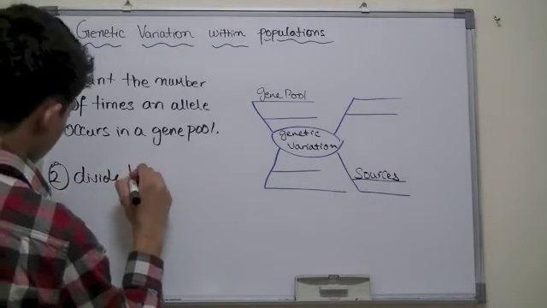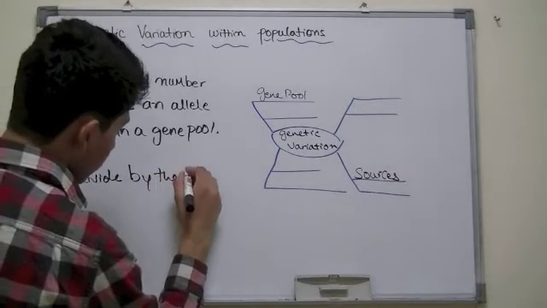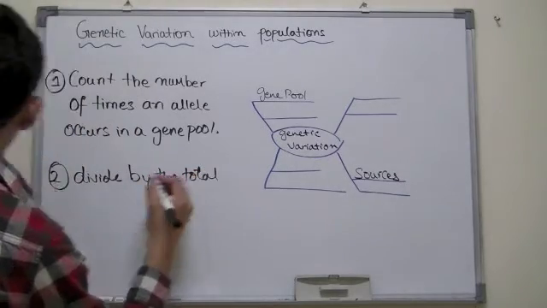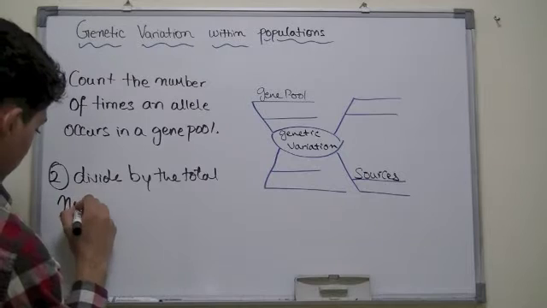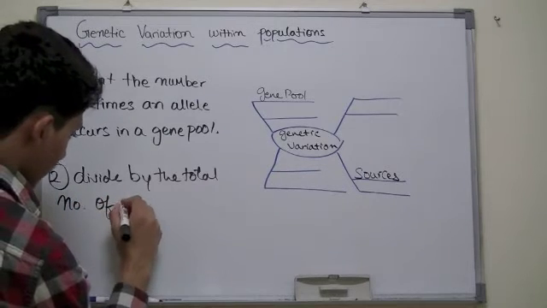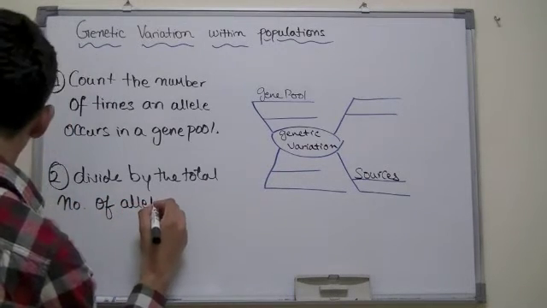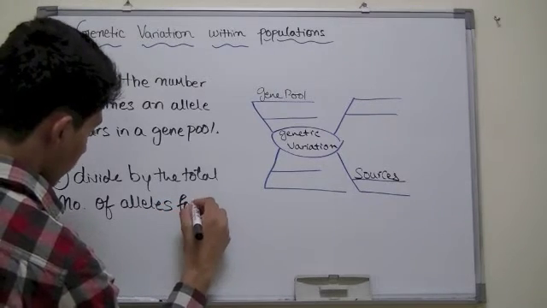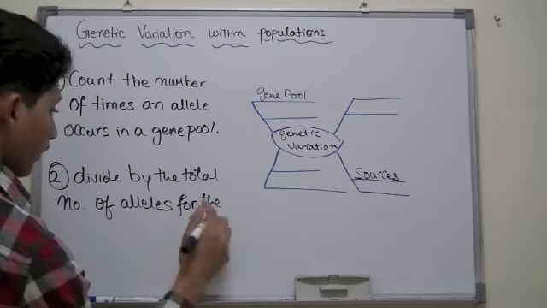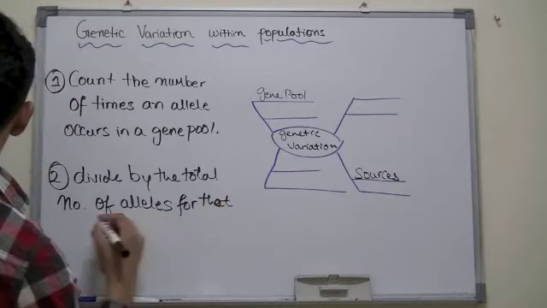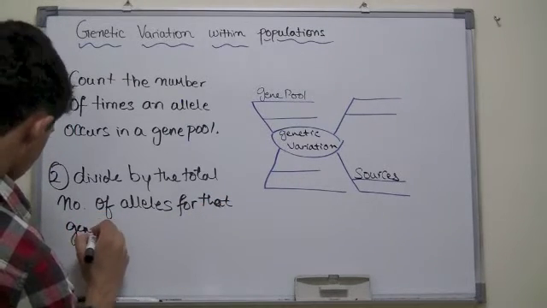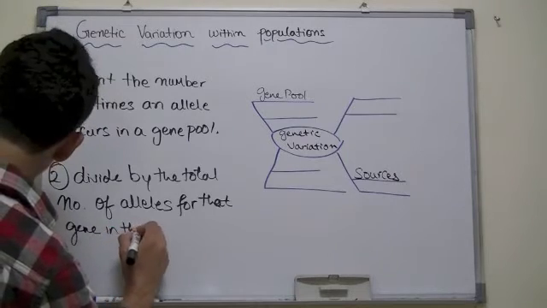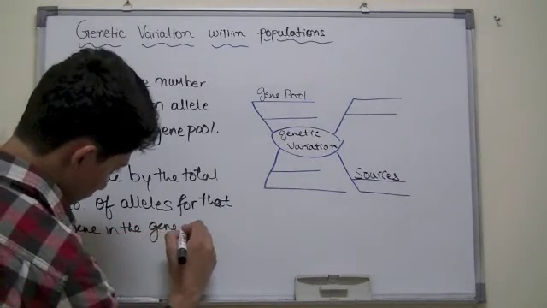Divide by the total number of alleles for that gene in the gene pool.